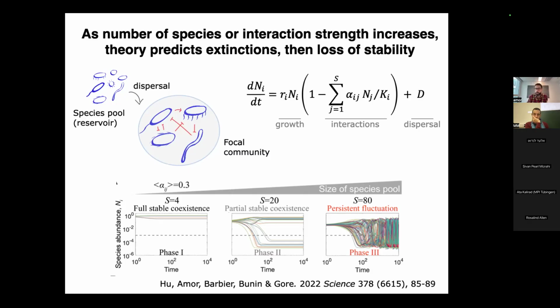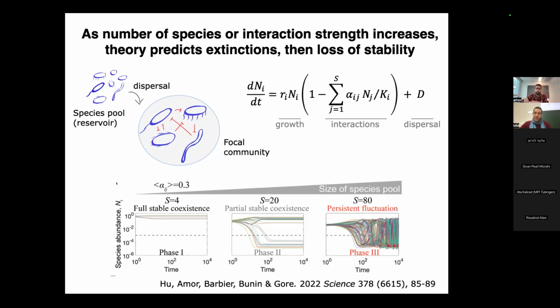They don't go fully to zero because we have this dispersal term. But if we stop the dispersal and we set it to zero, all of these that are below the dashed line will go extinct. And finally, we can keep increasing the number of species, and we see a transition to a persistent fluctuation dynamics. This is more chaotic, and in this regime we have typically the rise of a given microbe, it has kind of its moment of glory, but then the next day it's going to be replaced by a different microbe.